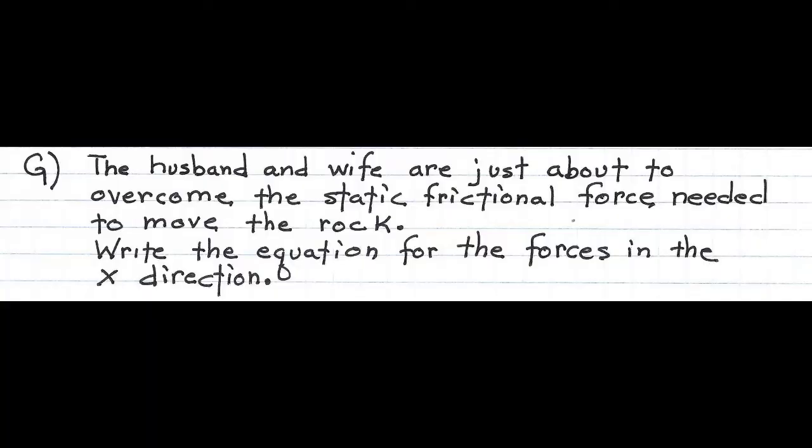G says the husband and wife are just about to overcome the static frictional force needed to move the rock. So what is the nomenclature for that? It's lowercase f sub s, right? You're just about to overcome that. Write the equation for the forces in the x direction.